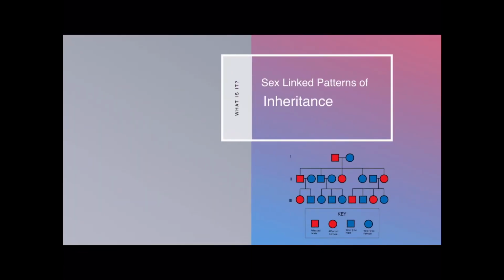Sex-linked patterns of inheritance. What is it? Sex-linked genes reveal a unique pattern of inheritance, and besides having genes that just determine gender, the sex chromosomes also have genes for traits different from femaleness or maleness.